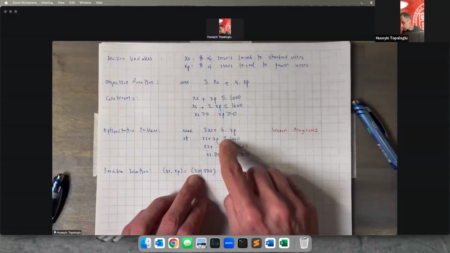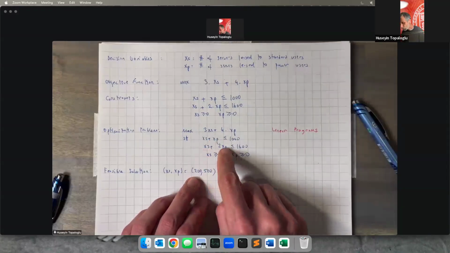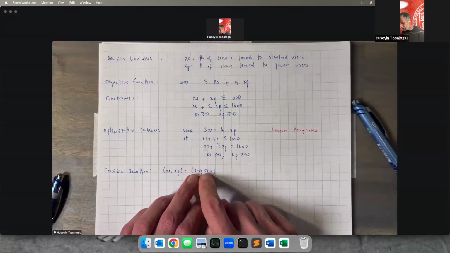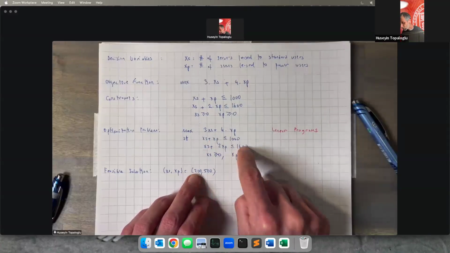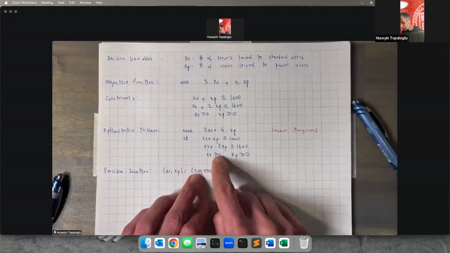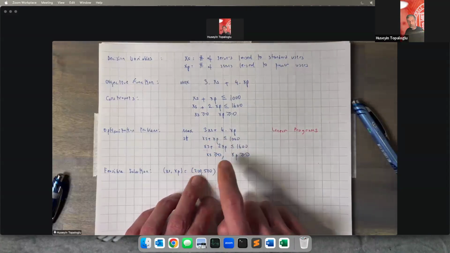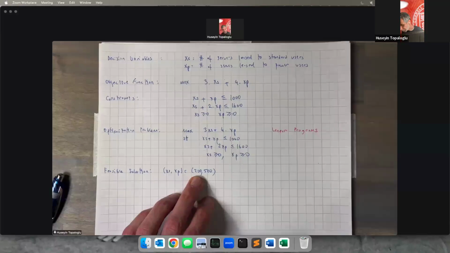So this solution satisfies the first constraint. xs plus 2xp is 200 plus 2 times 500, which is 1200, and 1200 is less than or equal to 1600, so this solution satisfies the second constraint as well. xs is 200, greater than or equal to 0, and xp is 500, greater than or equal to 0, so indeed this is a feasible solution to our linear program.